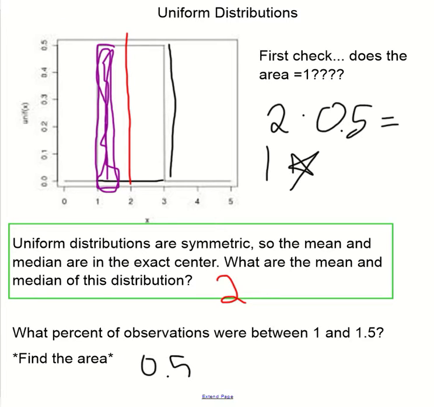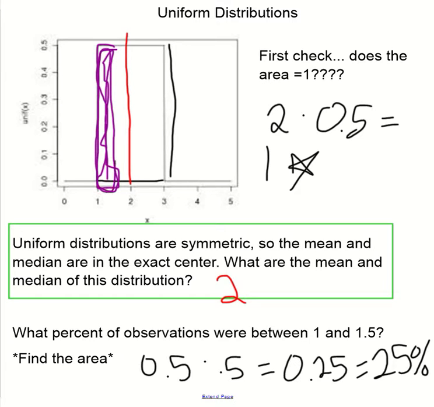And how wide is it? It's 0.5 wide. So 0.5 times 0.5 gives us 0.25 or 25%. If we think about that purple bar that we drew in here, we could fit 4 of them underneath that density curve.